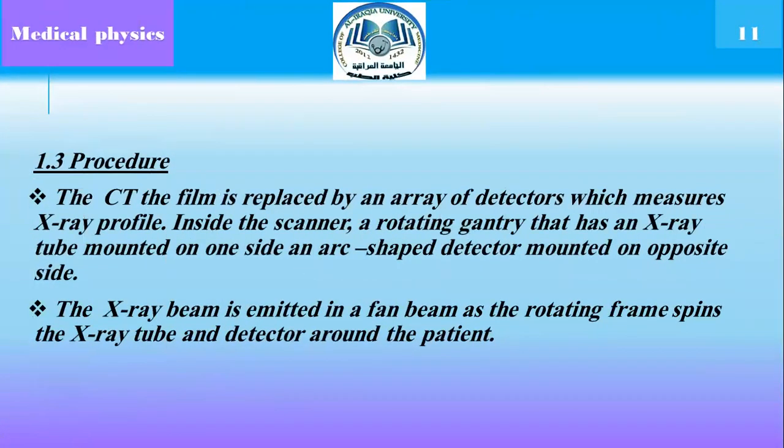In the CT scan, the film is replaced by an array of detectors that measures the X-ray profile. Inside the scanner, a rotating gantry has an X-ray tube mounted on one side and arc-shaped detectors mounted on the opposite side.